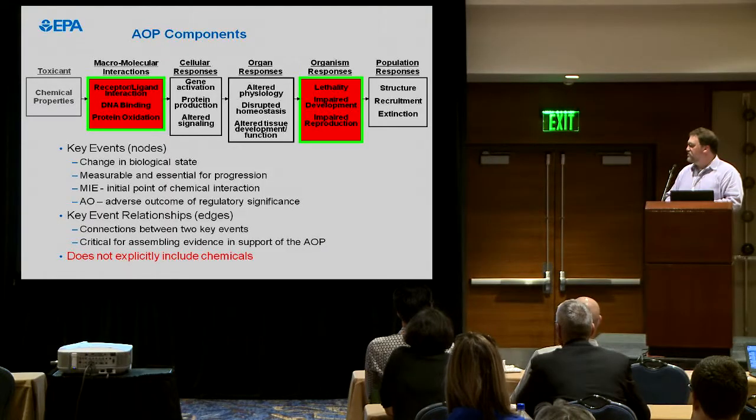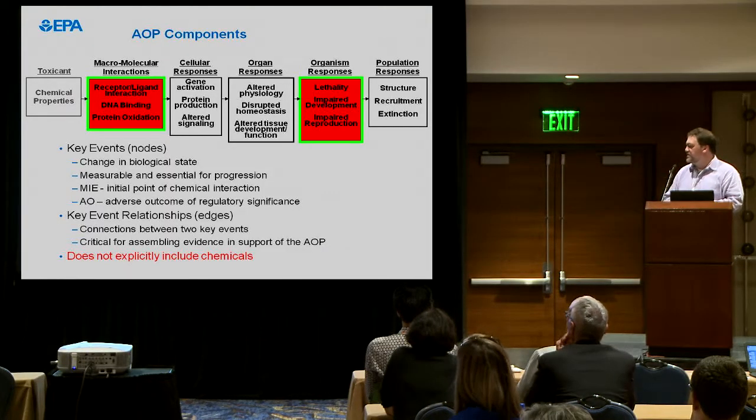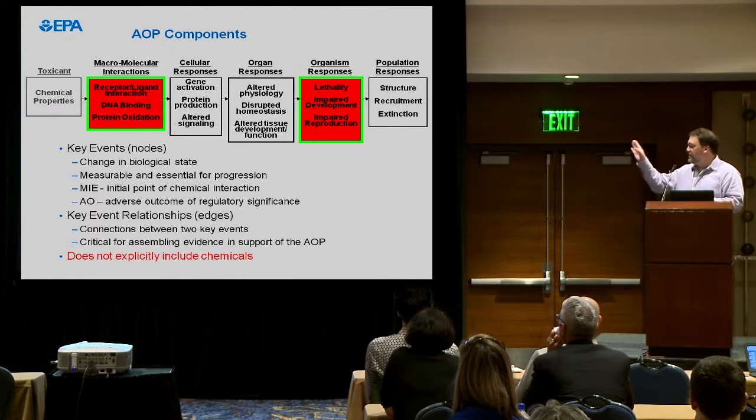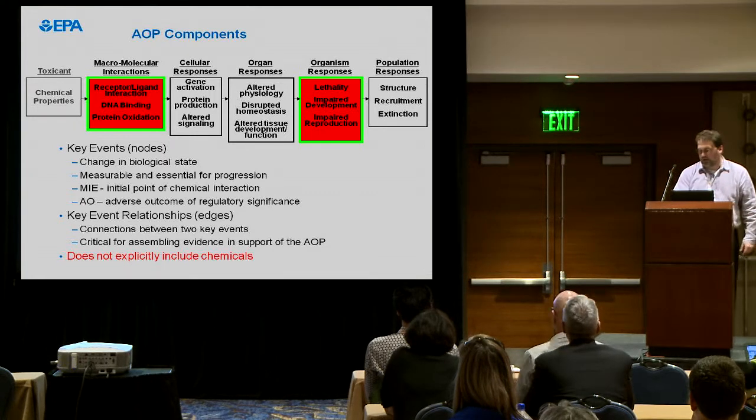We want to be able to make measurements, determine temporality of the key events, and get quantitative relationships between them, so we want them to be measurable, or at least have a good surrogate biomarker available. Then we have two special key events. One is the molecular initiating event, the biological entity that directly interacts with the chemical. The adverse outcome is something at the organism or population level which has regulatory significance.